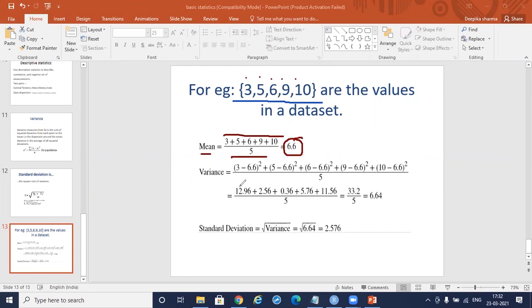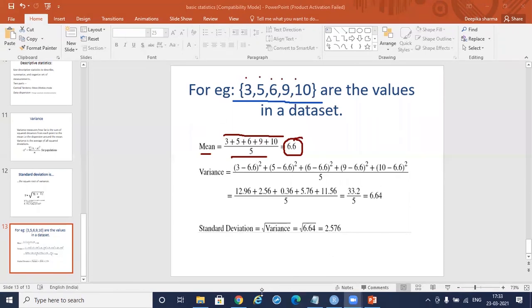Variance means the difference between each point and the mean. Let me take all the points here: 3, 5, 6, 9, 10.